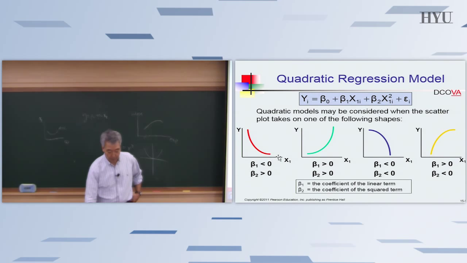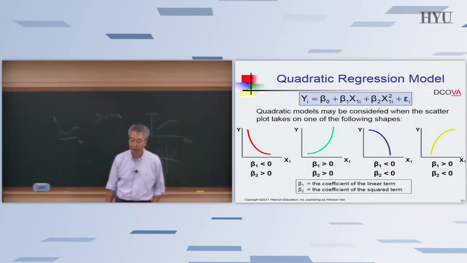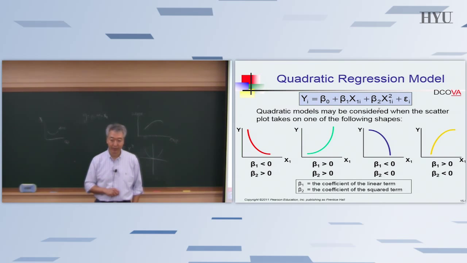If beta 1 is negative and beta 2 is positive, what that means is as x1 increases, the y value goes down, because beta 1 is negative. So overall, we have this downward sloping relationship. As x1 increases, the y value decreases. However, this beta 2 shows the slope of a slope.